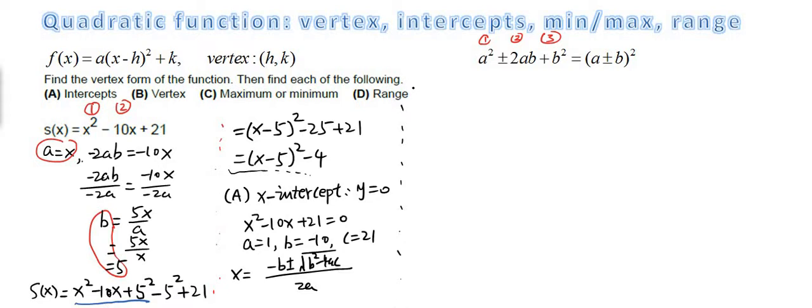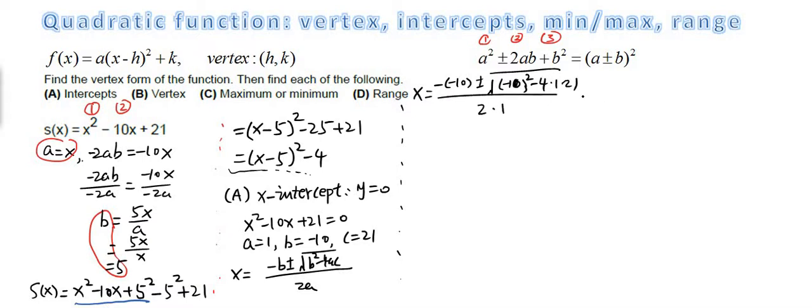Plug in b is negative 10, so negative 10 squared minus 4 times 1 times 21, divided by a, which is 1.